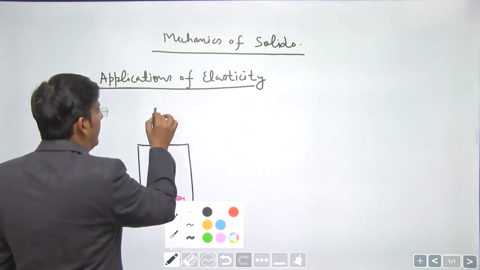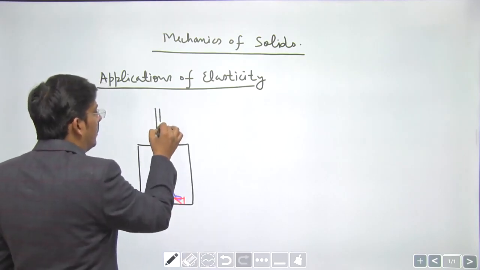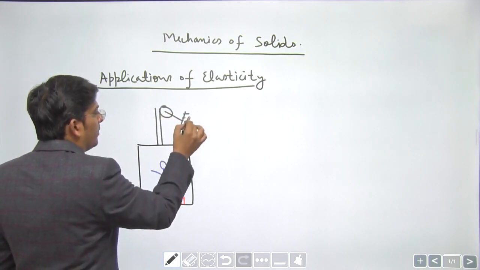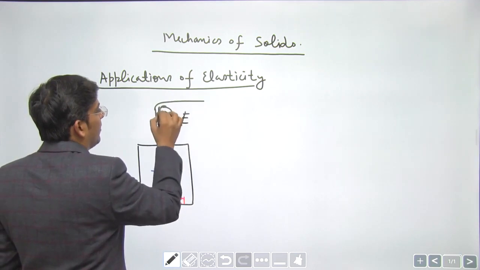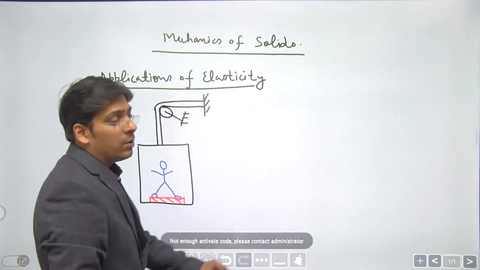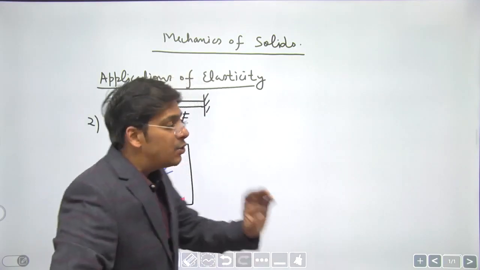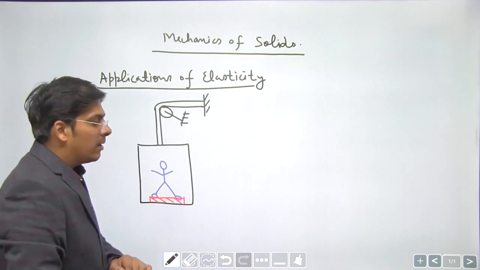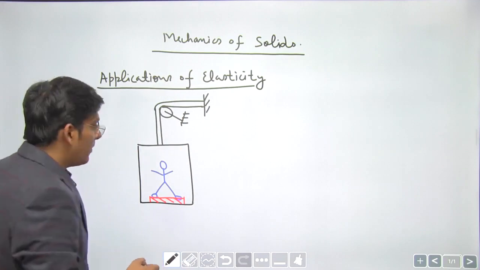And obviously the engineer has to decide the radius of the rope so that the rope is never broken. But it should not be so thick that the cost goes out of budget, and it should not be so weak that daily the rope is being broken and we are losing some people, right?